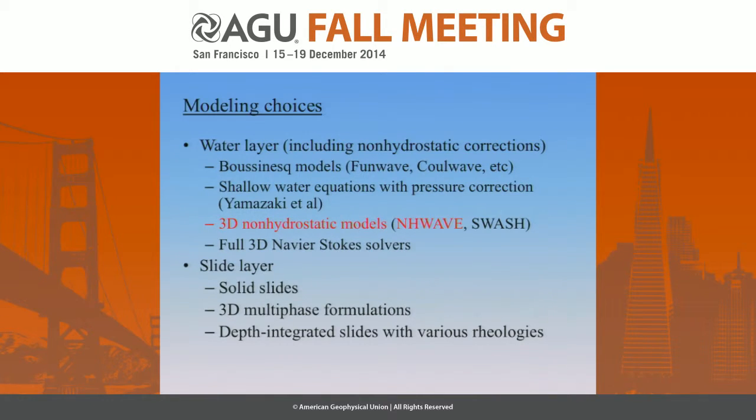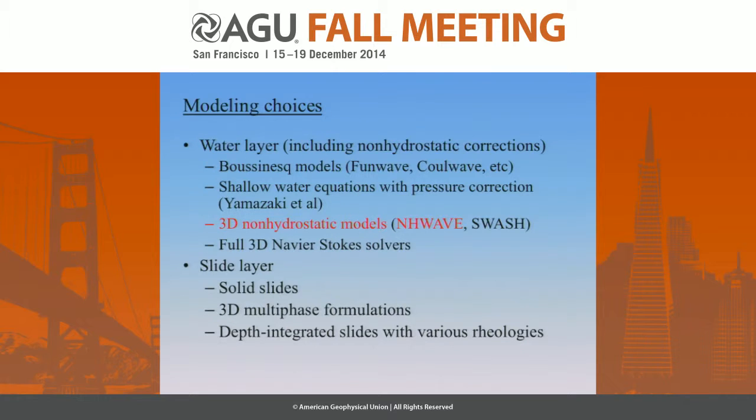The modeling choices that we're faced with here, we're essentially looking at a water layer overlying a mobile sediment layer. Our baseline starting point for the modeling of the water layer is the assumption that we have to model dispersive wave behavior, and I'll point out why that is in a second. But the available techniques for doing that range from Boussinesq models, which are very well established as surface wave models for dispersive wave motion.